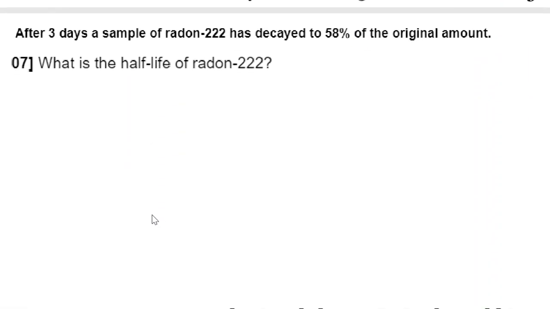Now, after 3 days, a sample of radon has decayed to 58% of the original amount. Well, they want to know what is the half-life of radon. Let's plug in what we know.